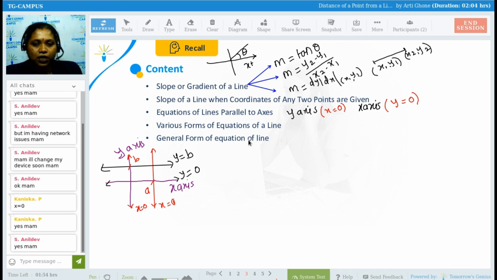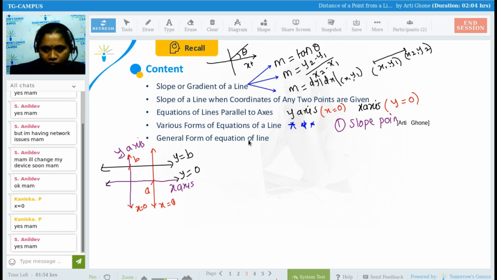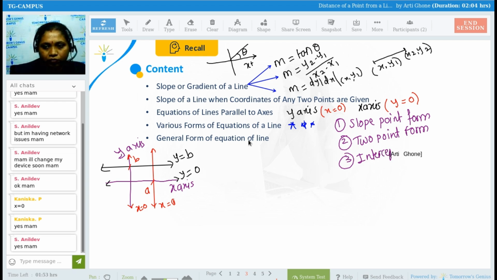So now, various forms of the equations of a line, we have a detailed form of this one. This is a very important part of the last session, various forms of the equation. So the first form is the slope point form. Then the next one is the 2-point form. Then the intercept form. After the intercept form, we have a fourth one, that is the general form, or first you can take the normal form.